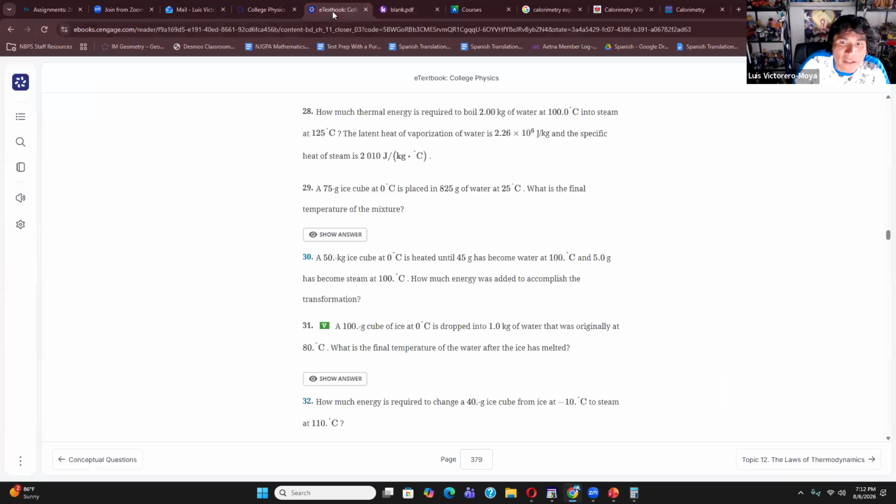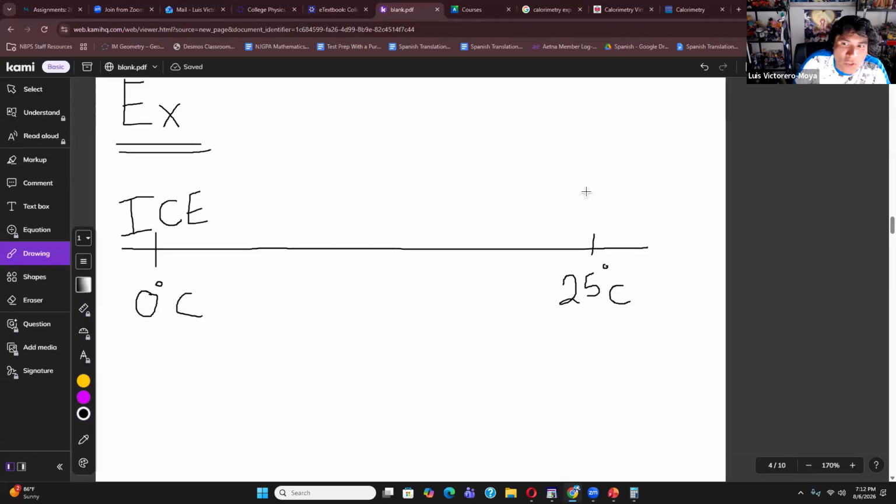The mass of water is 825 grams, which you know is 0.825 kilograms.